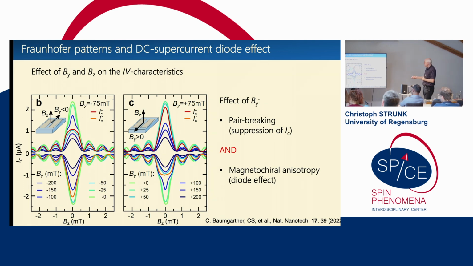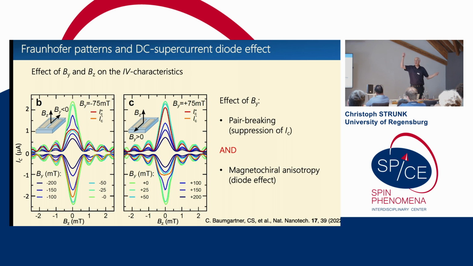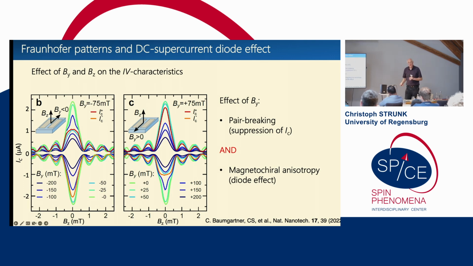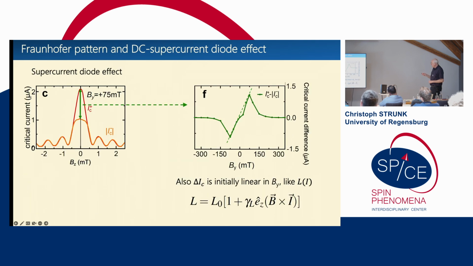Another interesting thing is that this is even with respect to the perpendicular component of the field. For the Barone asymmetric SQUID type of effects, this was point symmetric around the origin. Here, it is mirror symmetric around the vertical axis. It's an entirely different thing. Now we can plot the difference of the two critical currents.